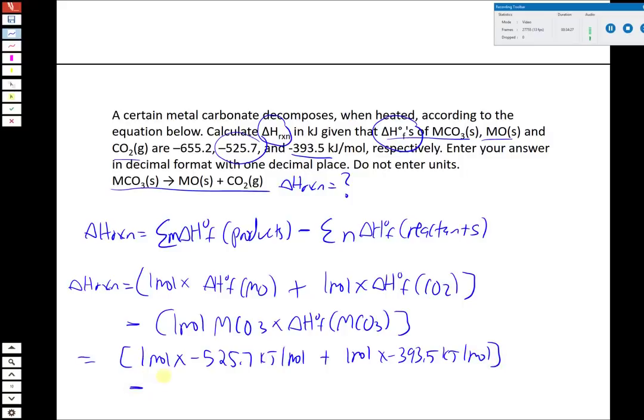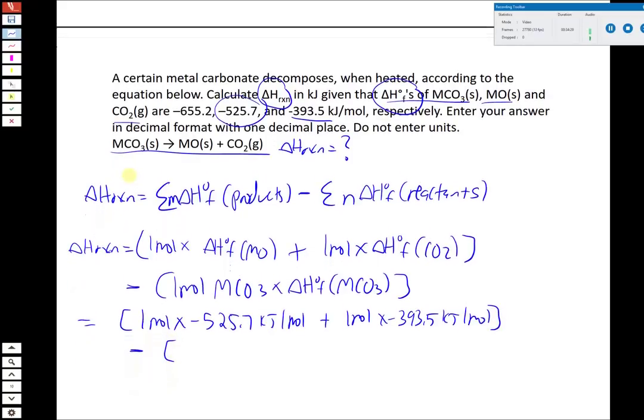And then we subtract from that the delta H of formation of the reactant metal carbonate. So the metal carbonate has delta H of formation of minus 655.2. So when we work this out numerically, we get two negative numbers added together. So again, don't forget the signs here.